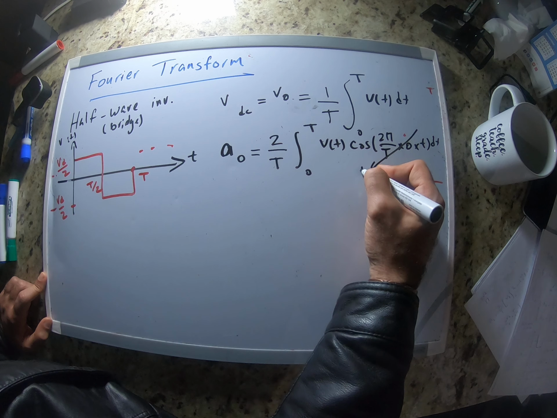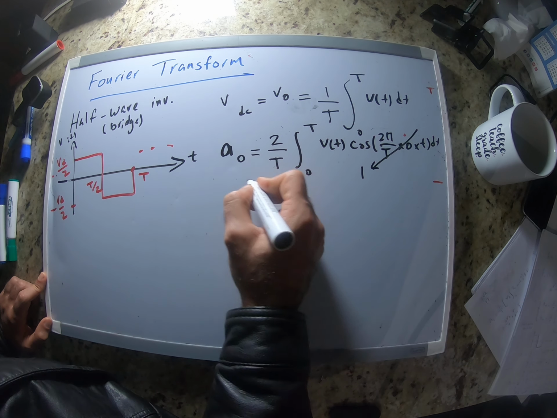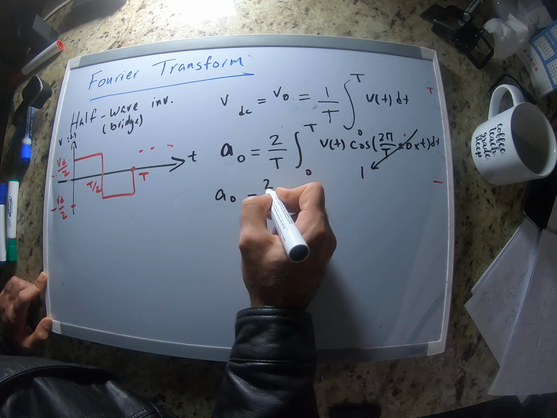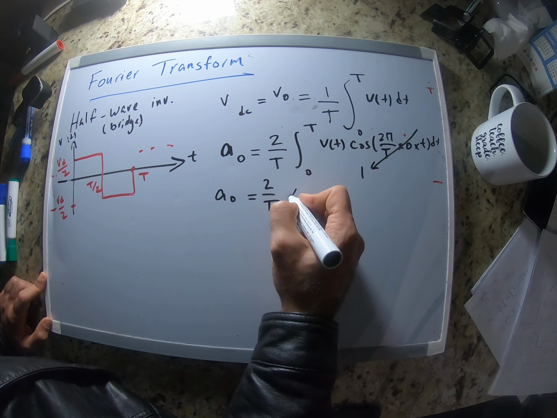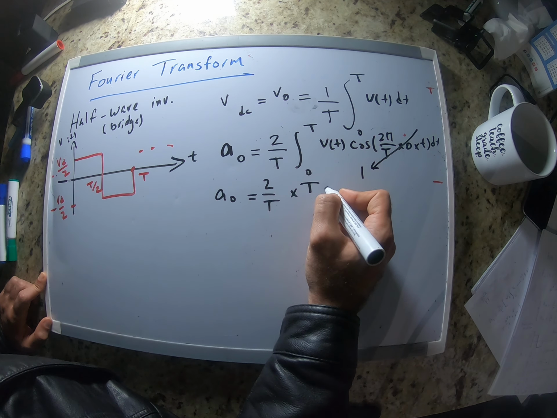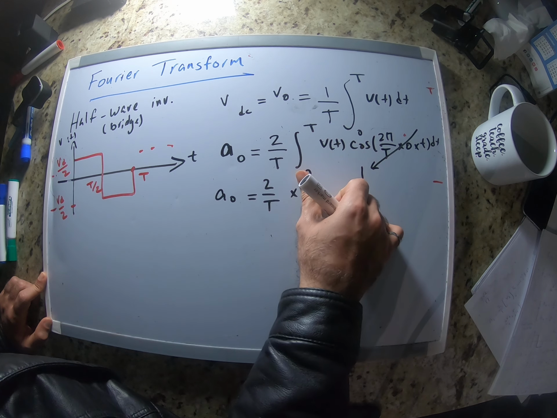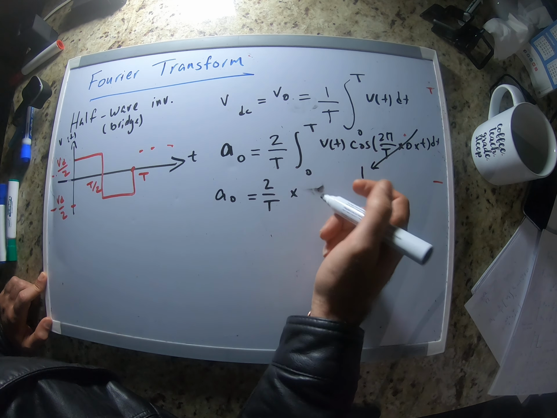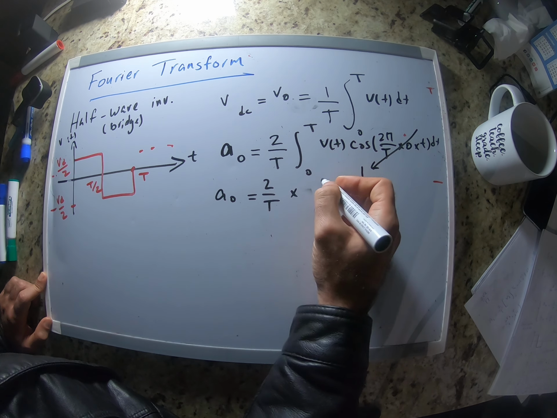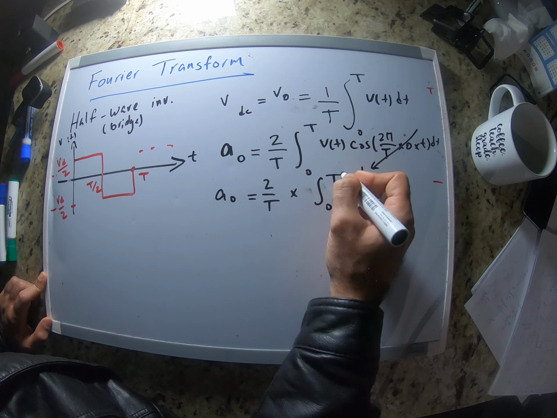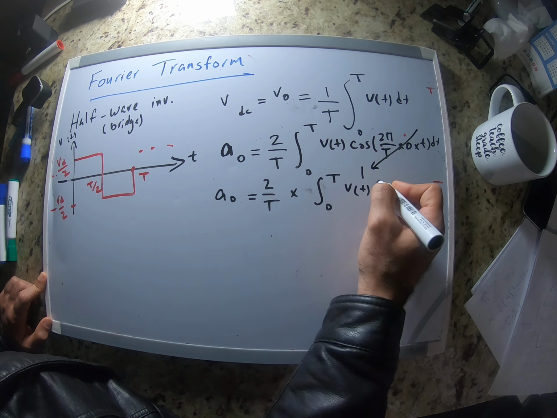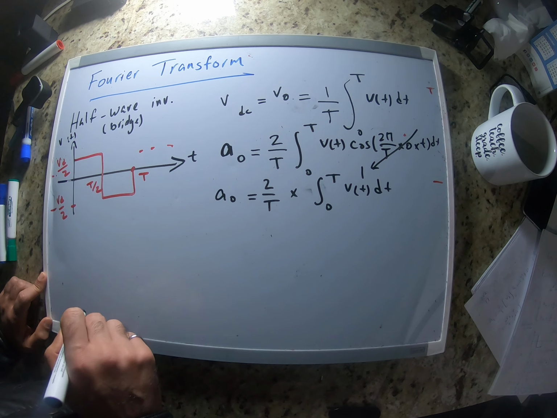Cosine of 0 is 1, so A0 becomes 2 over T integral from 0 to T of Vt dt, whatever it is.